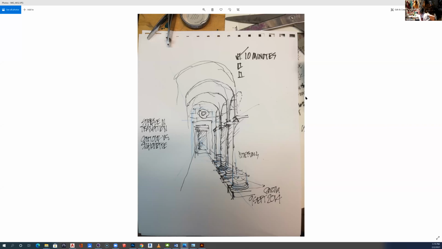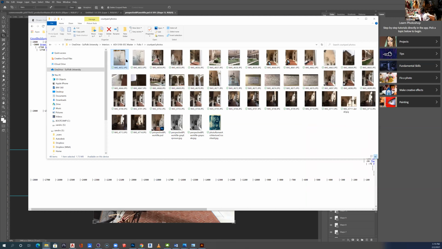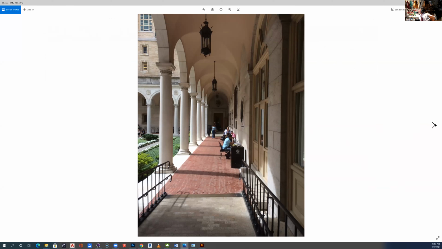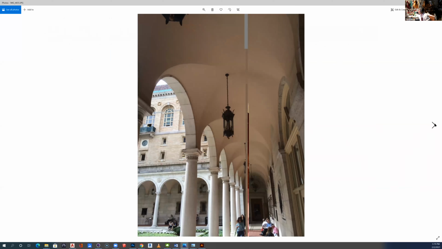Okay, so these are some drawings I made some years ago. See what's going on with this, where there are two columns and an arch.